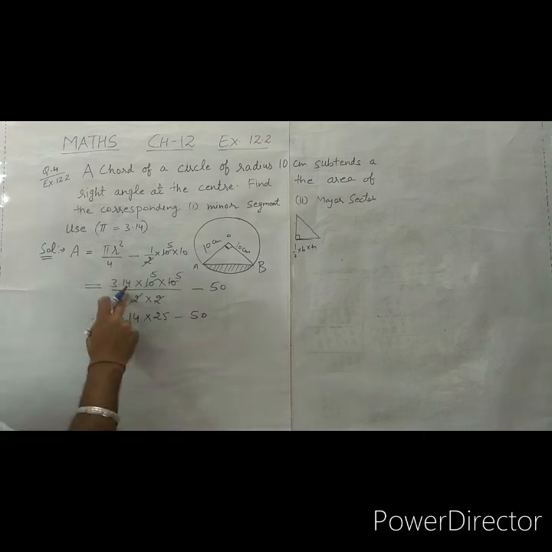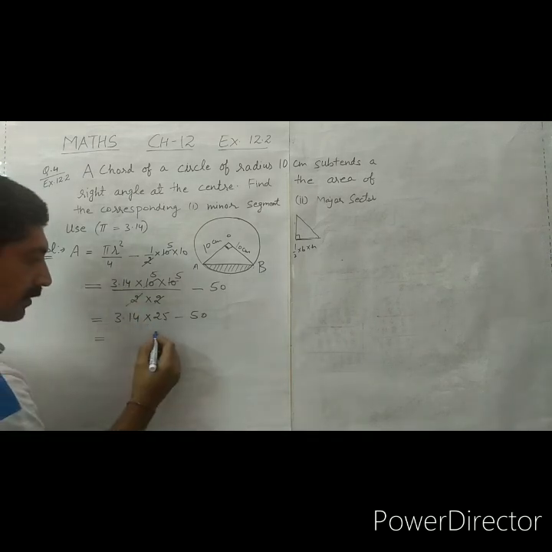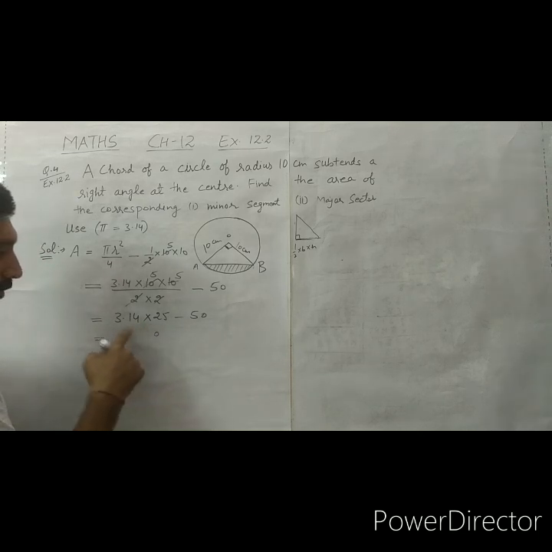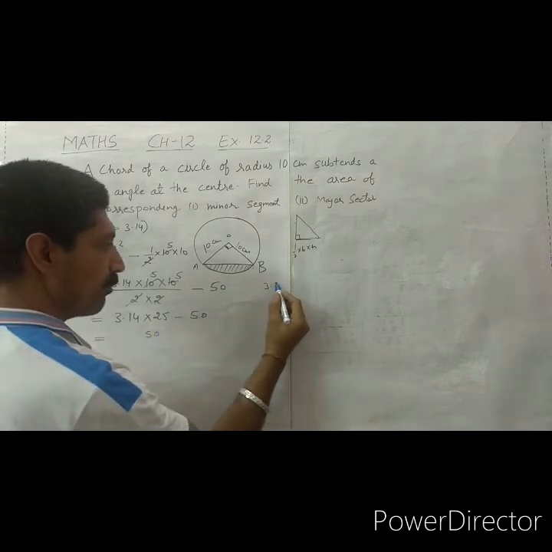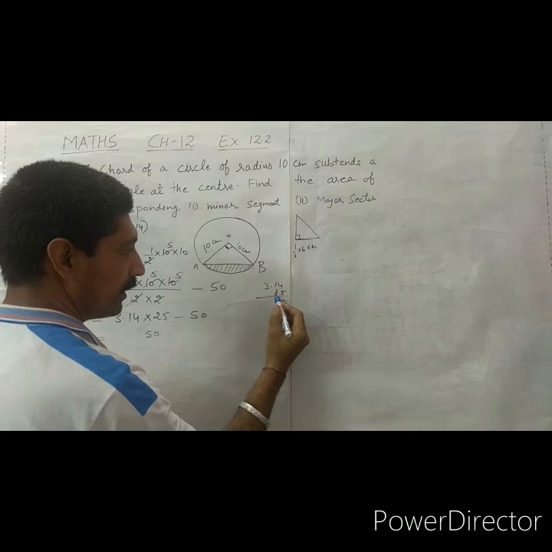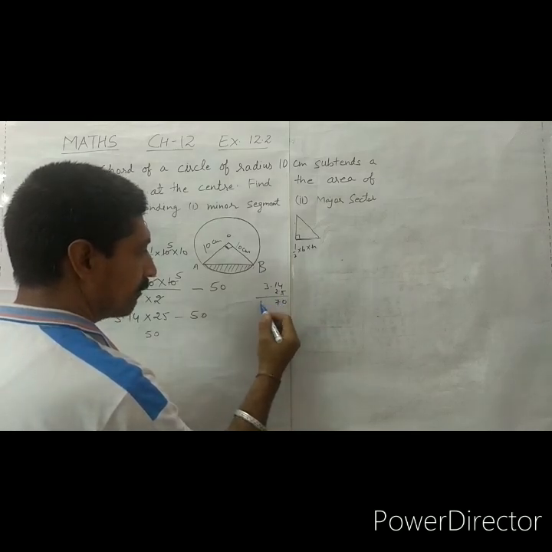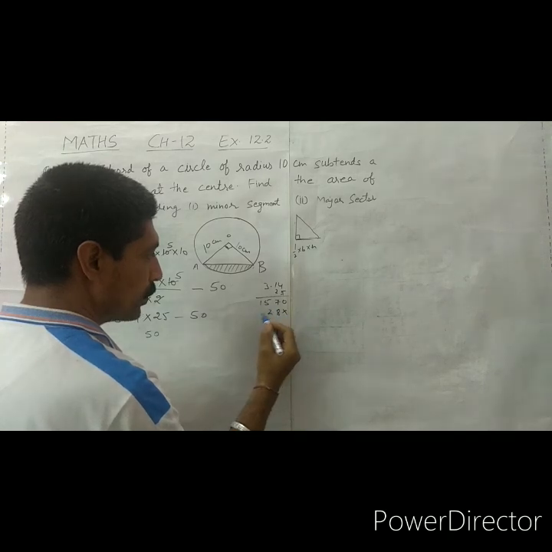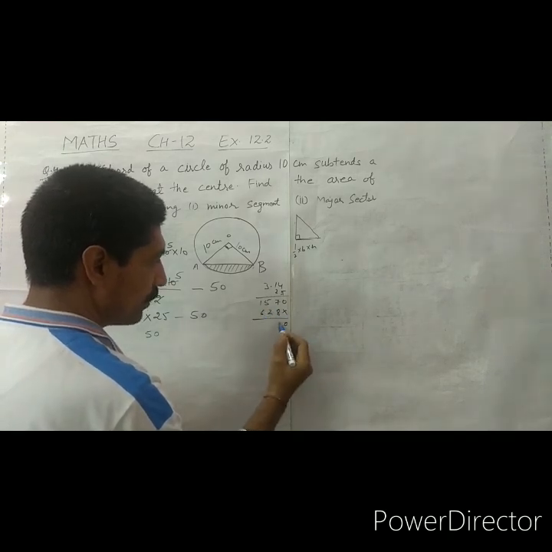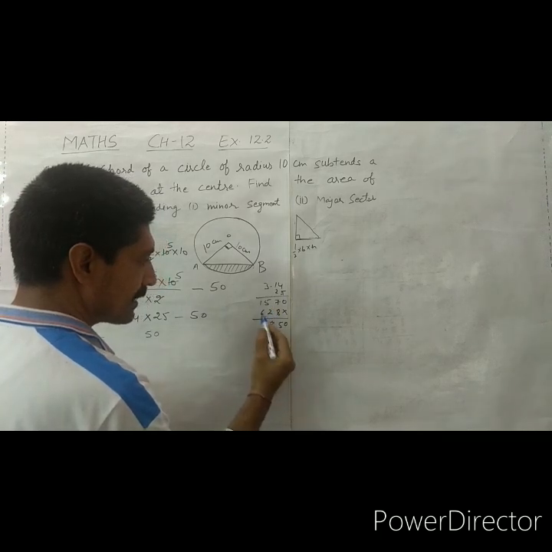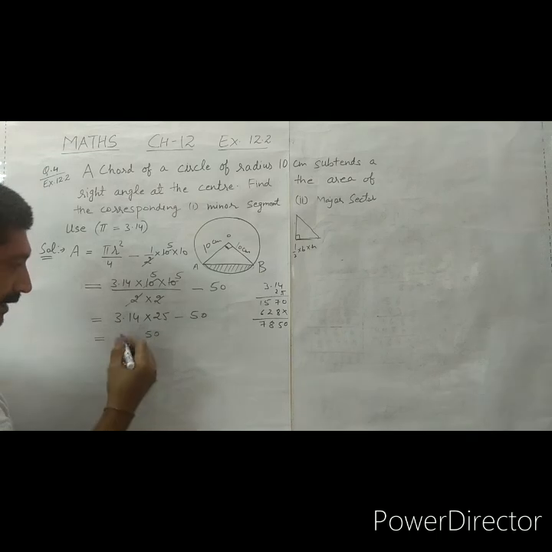So here, which is further equal to 3.14 into 25, 25 ones are 25, 10 is the carry, so 35, 3, 75. 3.14 into 25, so we have 78.50 minus 50.